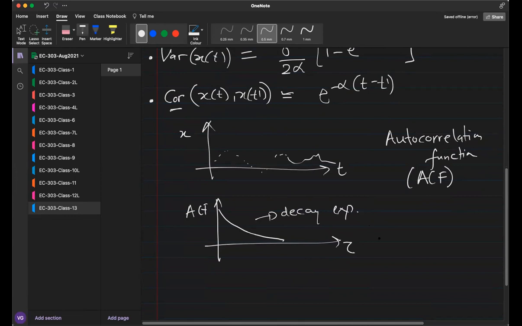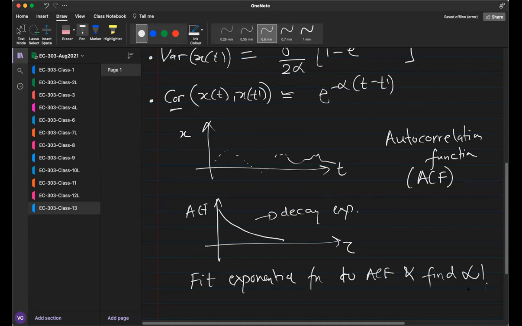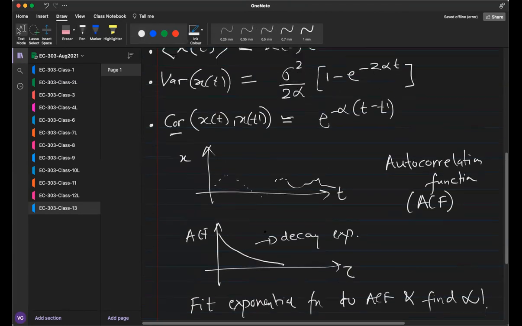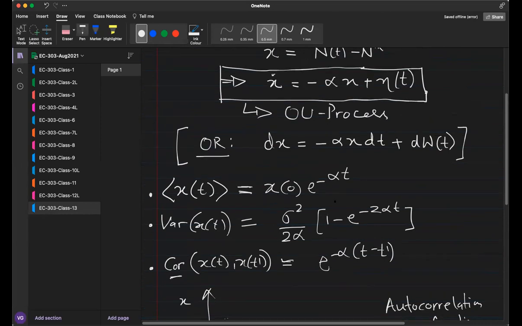Fit an exponential function to the ACF and find alpha. And of course, if it doesn't decay exponentially, that means that there is something more than the OU process that is happening in real data.